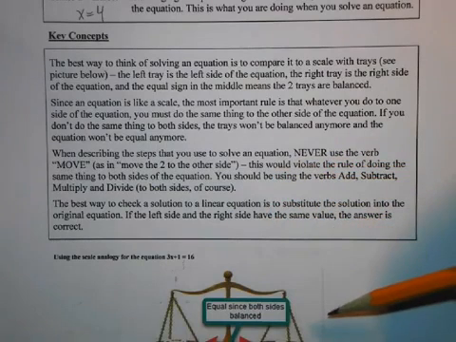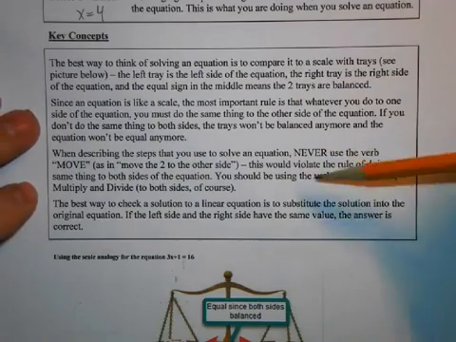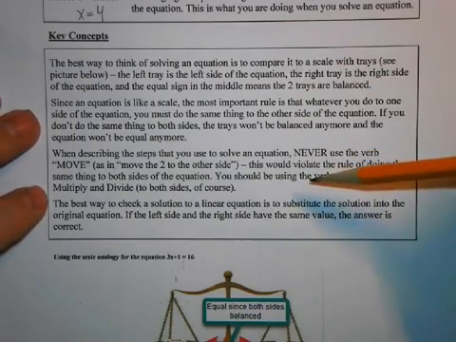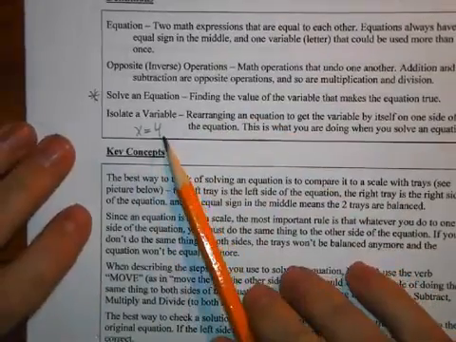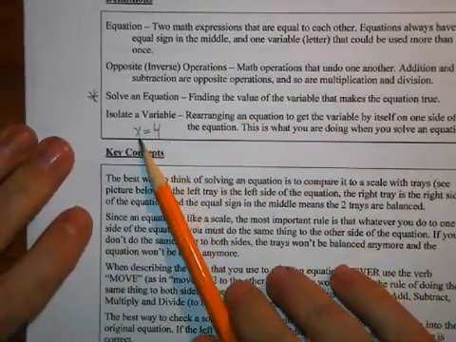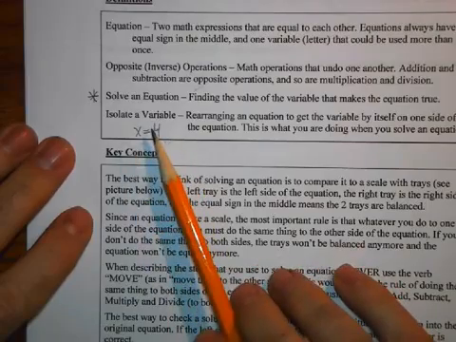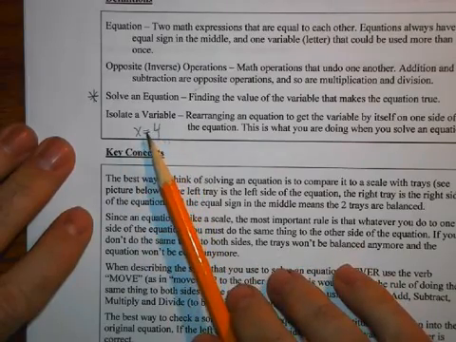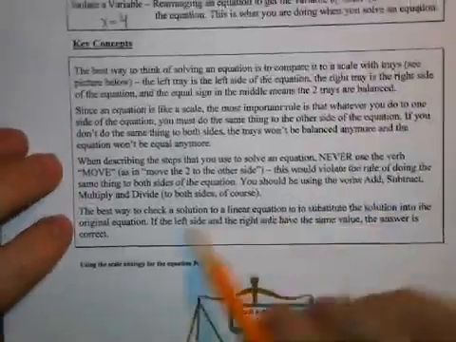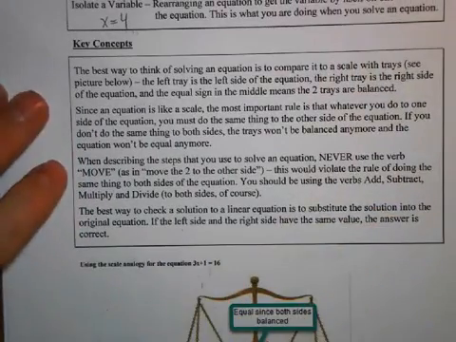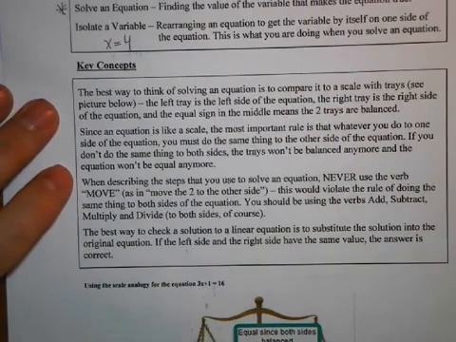You've kind of got the main ideas about the rules. Now, once you solve an equation, like we talked about here, we get something like the variable, in this case x, is equal to a number. That's our solution. Okay, well, how do you know that that's right? So, the best way to check a solution to an equation is to substitute the solution into the original equation.